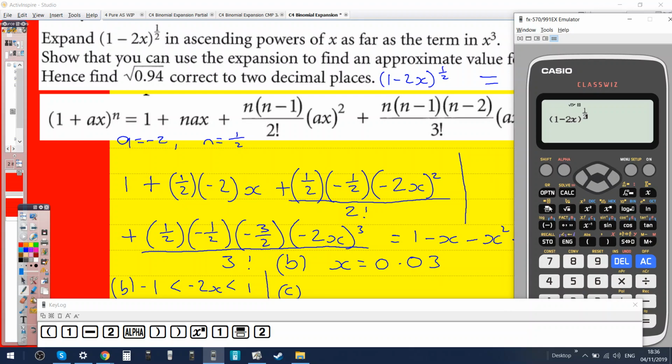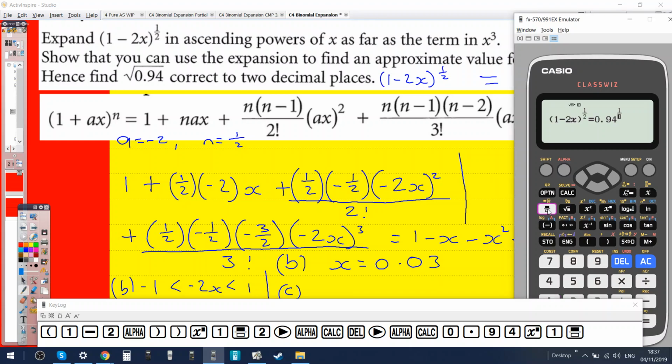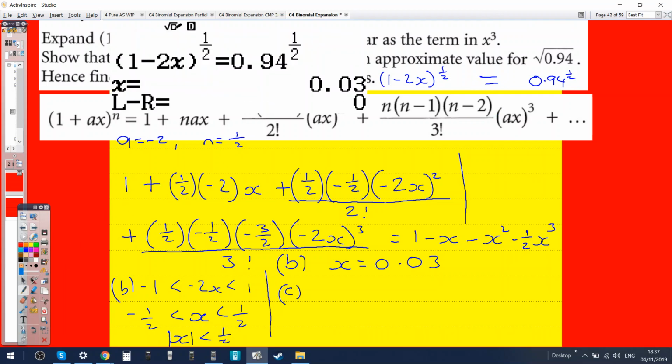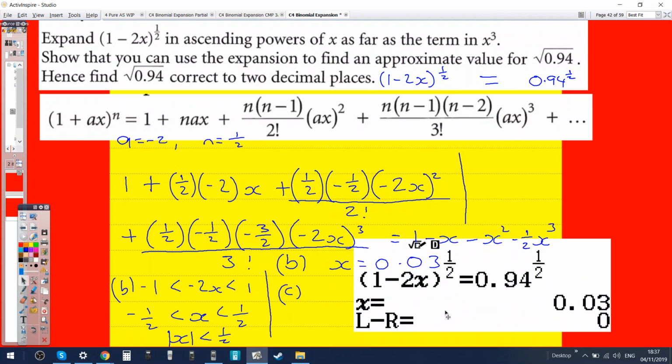So we do 1 minus 0.03, minus 0.03 squared, minus 0.5 times 0.03 cubed. And I get 0.969085.